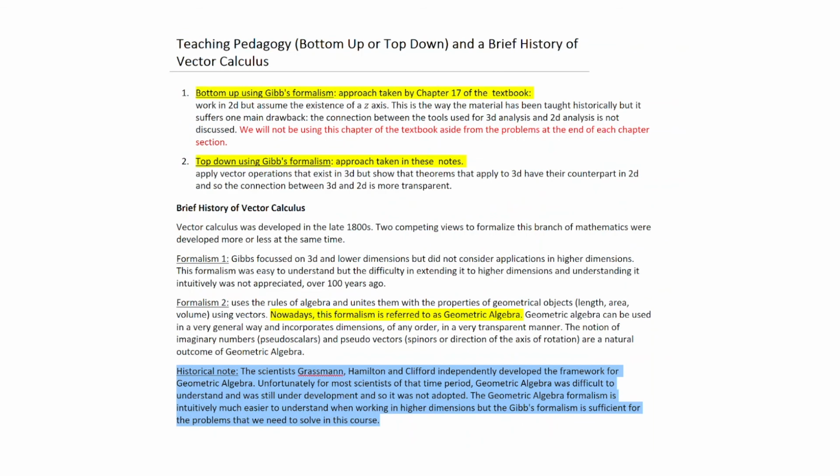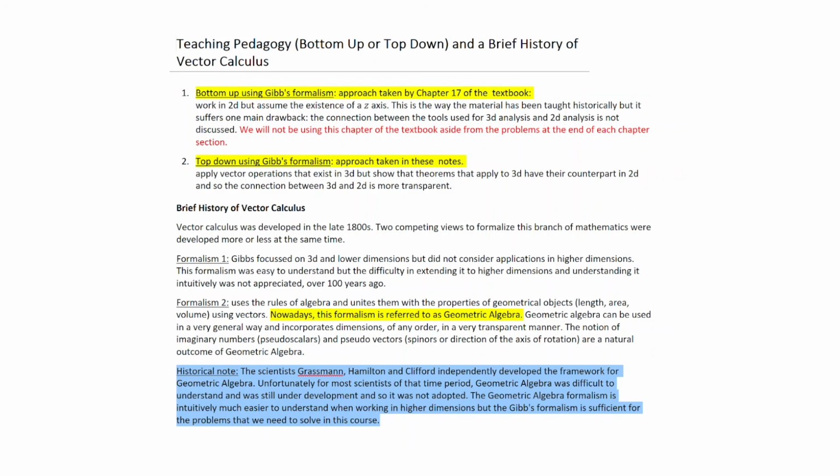Okay, so I'm going to summarize by giving you a historical view of vector calculus, because about 120, 140 years ago, there were basically two competing theories.